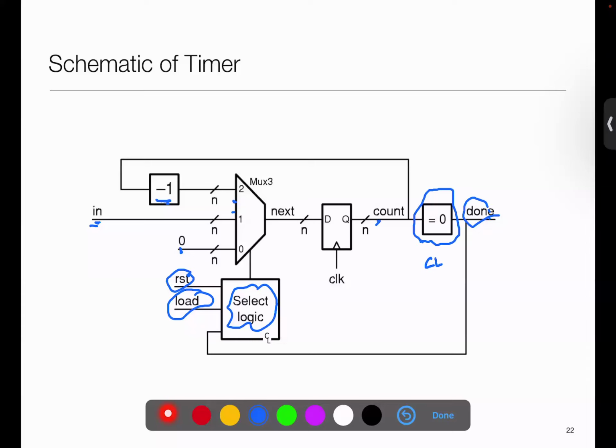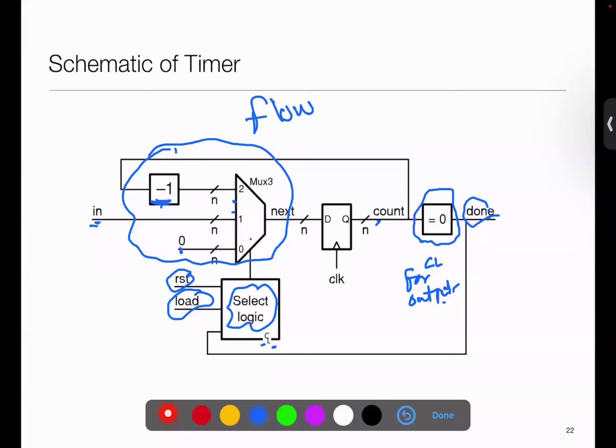This is combinational logic for output. This combinational logic is controlling the multiplexers. We didn't have to control anything out here. And this is where the flow and processing of n-bit data is happening.